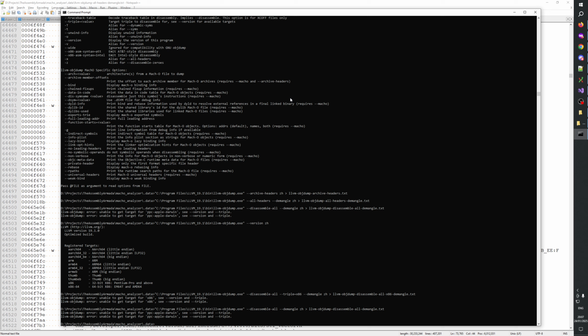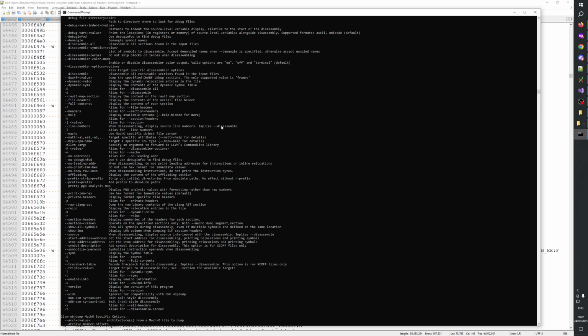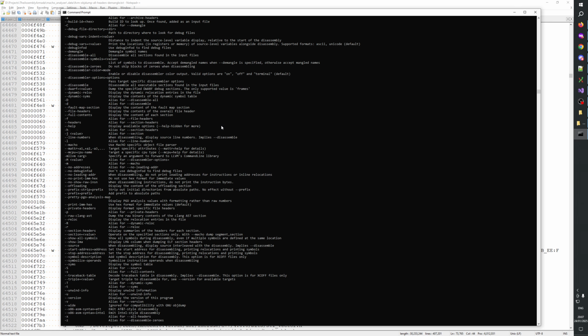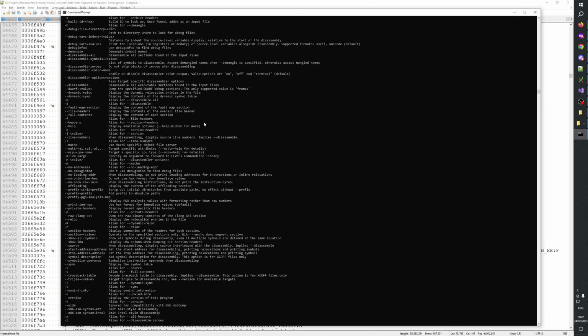Version and triple version. Minus version.